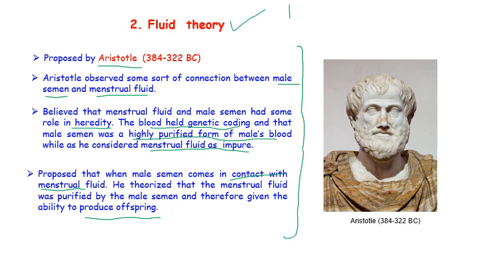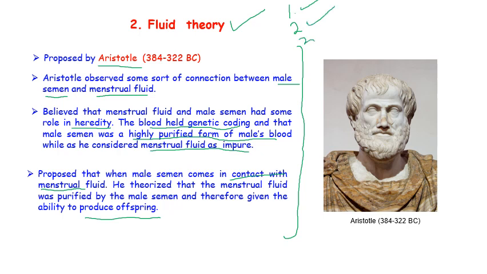First, menstrual fluid and male semen had some role in heredity. Number second, blood held genetic coding. The genetic information for the development of an organism, for the development of the fetus, was present in the blood.